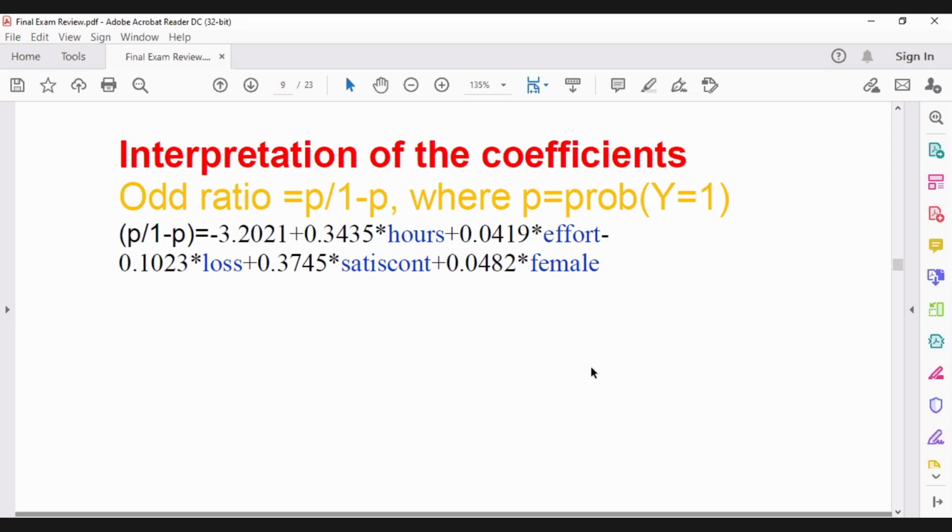Now, how to interpret the results? So, contrary to logistic regression, interpretation is slightly different. So, let's first apply a log to both sides. We get p over 1 minus p equal to beta 0 plus beta 1 x1, beta 2 x2, beta 3 x3, beta 4 x4, and beta 5 x5.